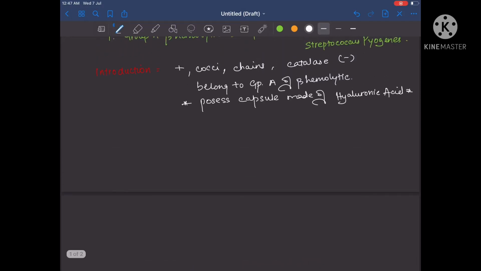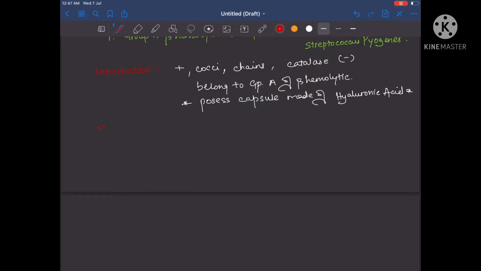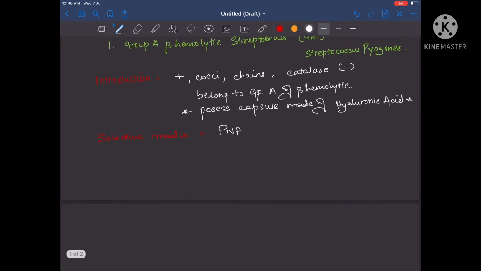Now coming to the selective medium. So in selective medium we have PNF. PNF is a short form for various antibiotics. The first one, P, stands for polymyxin, N stands for neomycin, and F stands for fusidic acid.